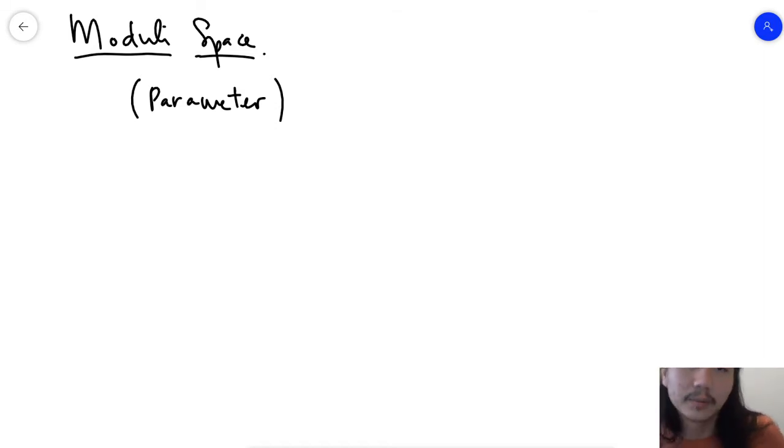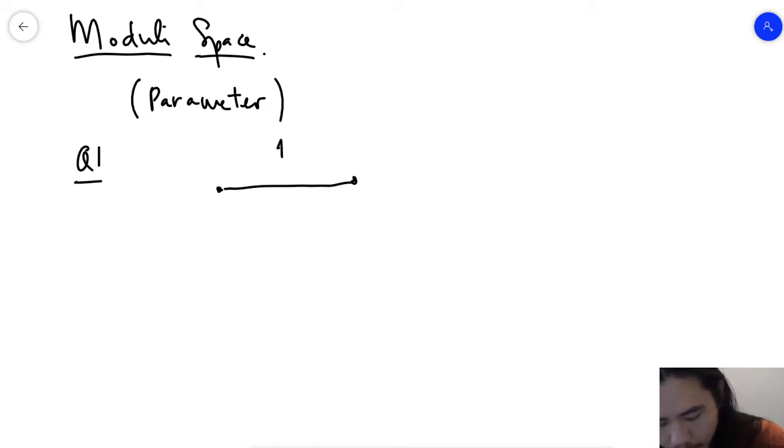I want to start with a very old classic problem, which is the following: given a stick of length 1, and then you pick two random points on it, here and here, say for example.